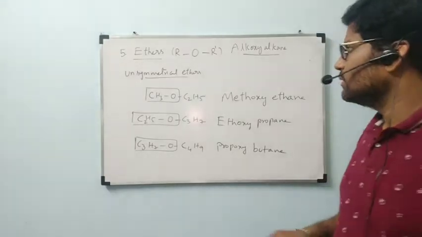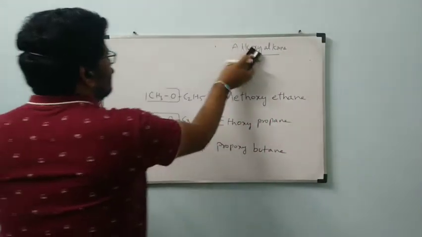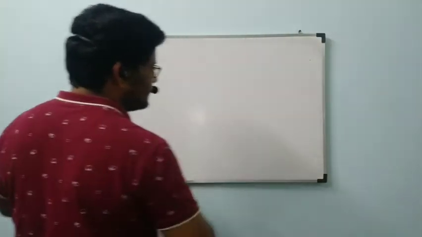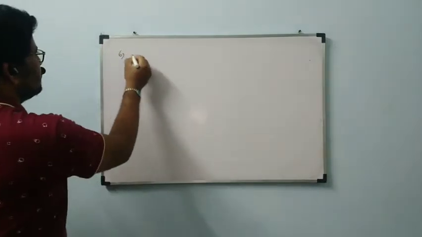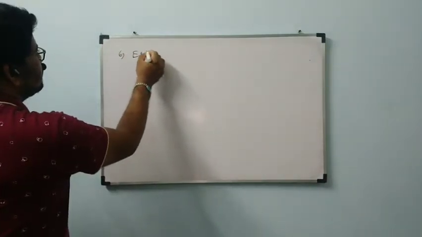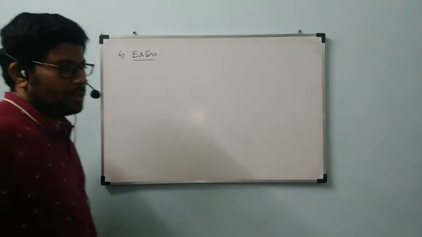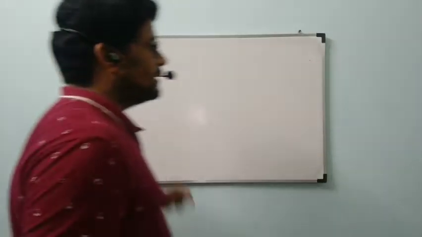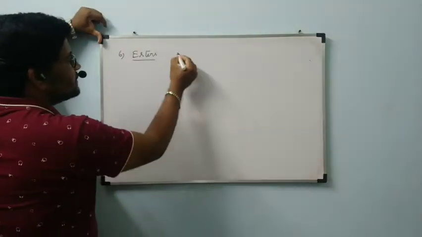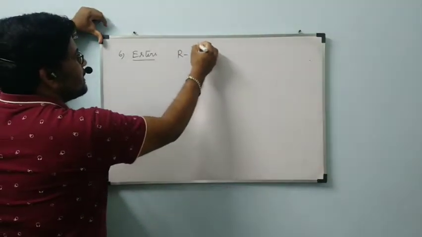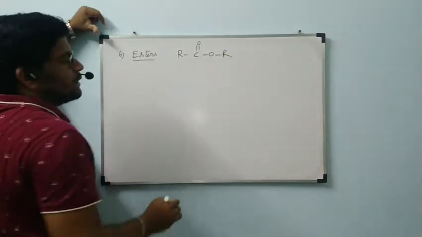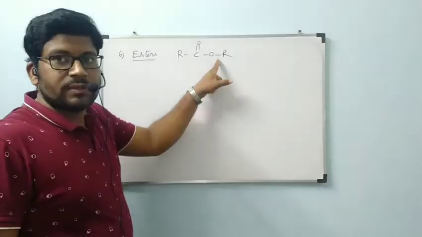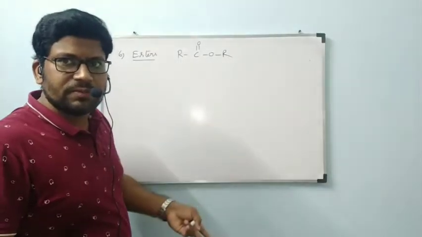Next we can go on to esters. Esters are also generally represented with R, C double bond O, O R. In the tabular column I have written only the dash and bottom; I did not represent R. The R group must be there.